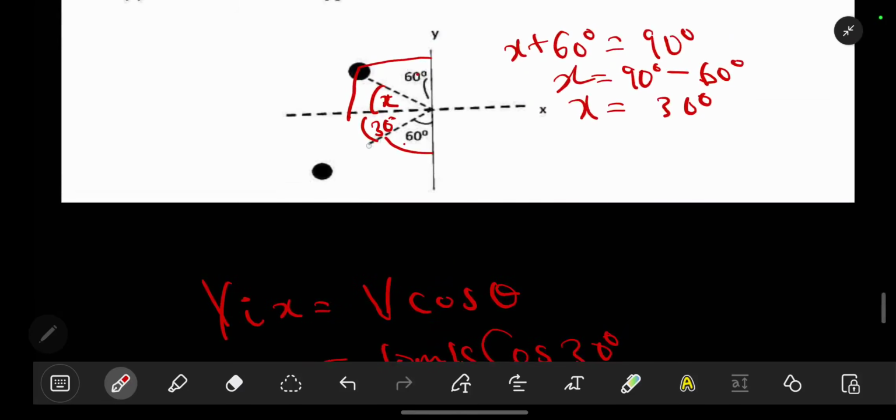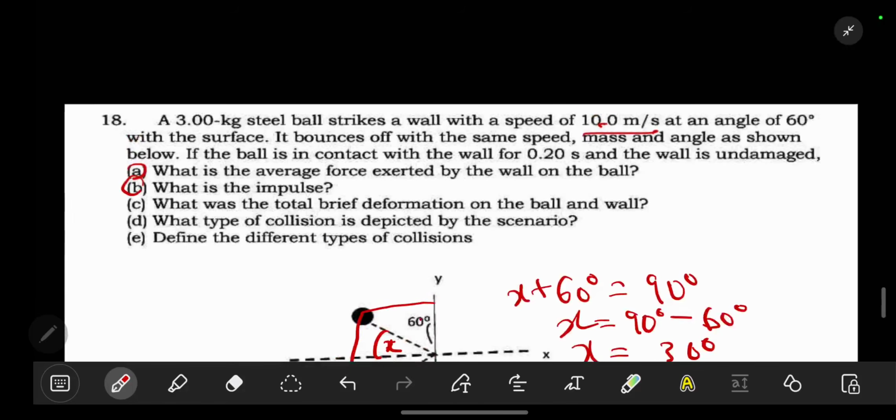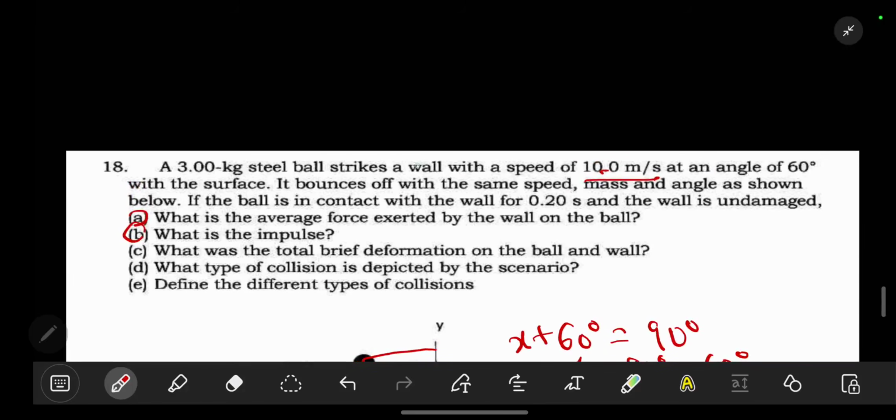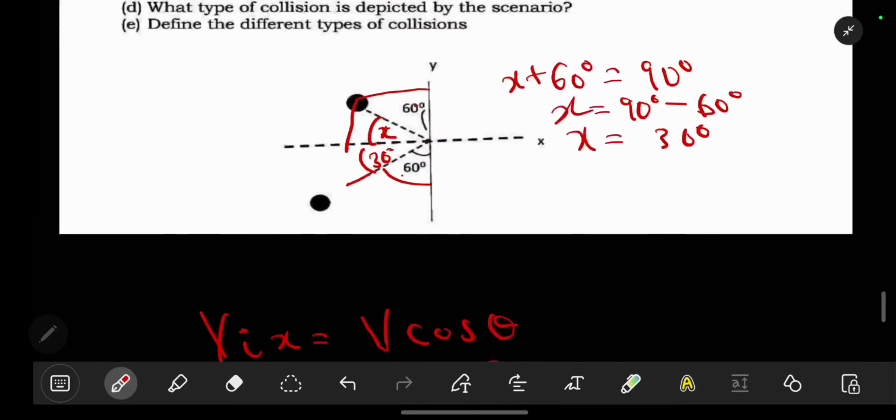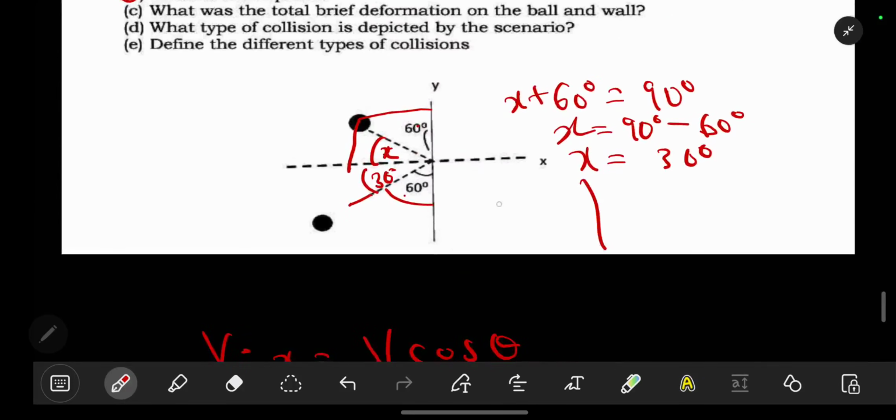Remember we are told in this question that it strikes the wall with this speed at an angle of that, and it bounces off with the same speed. But since it's bouncing, it is changing its x direction. So remember, positive x, negative x going back.